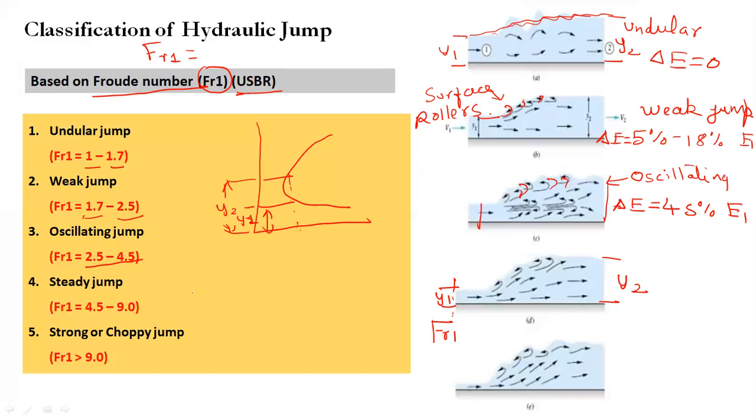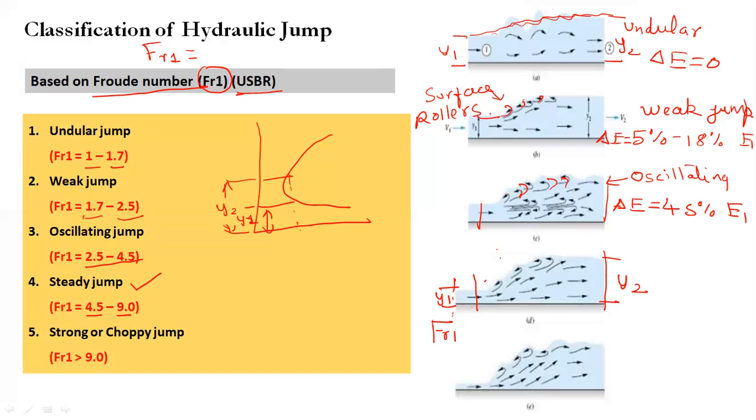Then if you further increase the Froude number from 4.5 to 9, you are going to get a steady jump, which is the right type of jump as far as hydraulic structures are concerned. What we expect basically is a steady jump, because here the toe of the jump and the location of start and end of the jump are steady. They do not keep on changing.